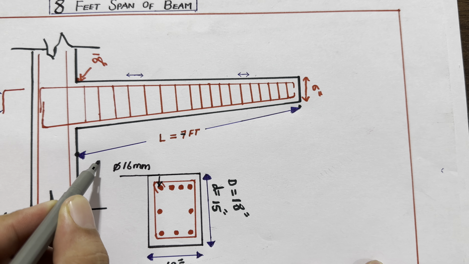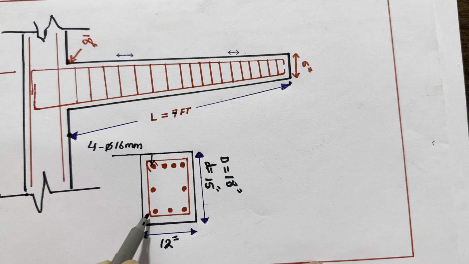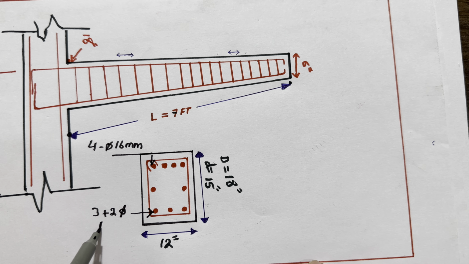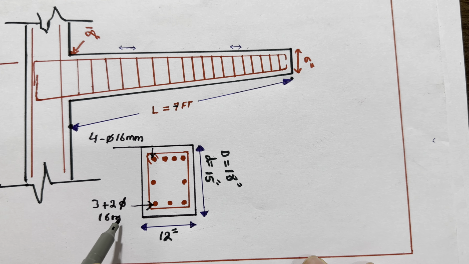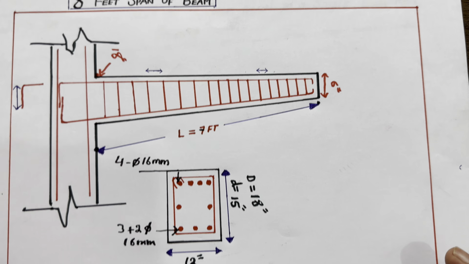We have 4 bars, the dia is 16 millimeter. And for the bottom bars, you can see 3 plus 2 bars, the dia should also not be less than 16 millimeter, or you can say 5 total. So this is its steel reinforcement.